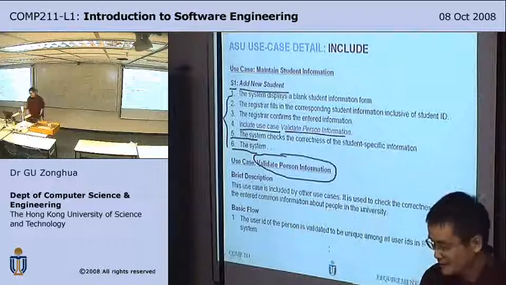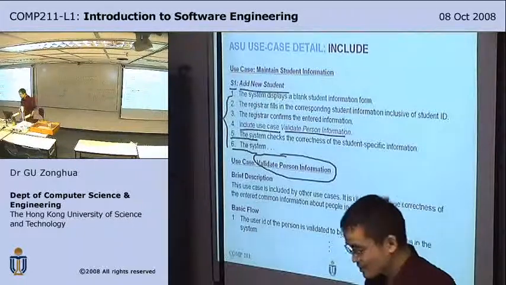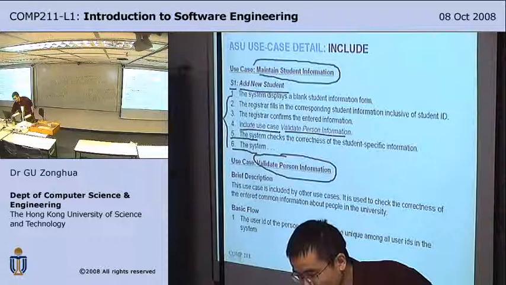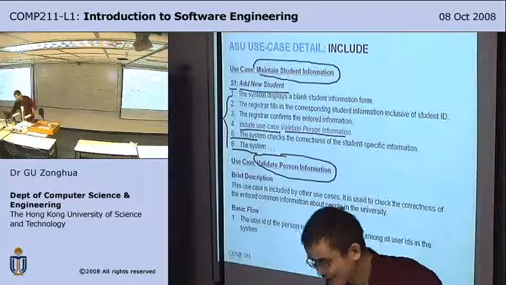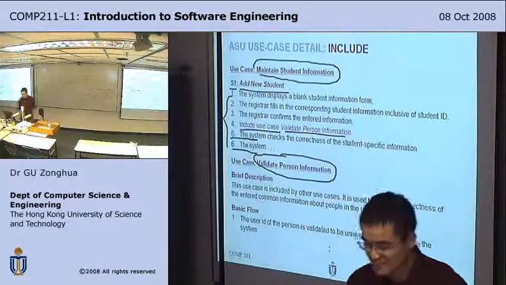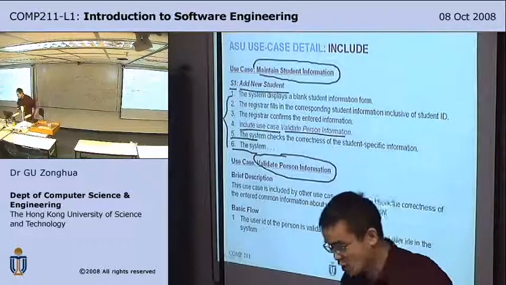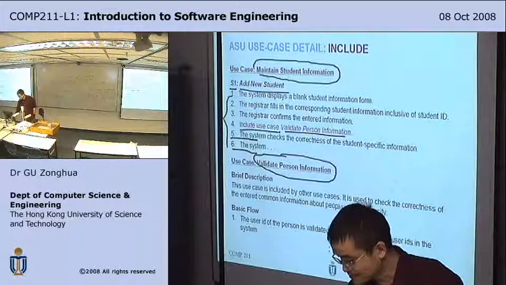Therefore, you may have additional information specific to students that you need to check within the base use case of maintain student information, and also specific information related to professors that they need to check in the maintain professor information. So the use case valid person information only checks for all information generic to a person, like a person's Hong Kong ID is correct, the date of birth, etc.